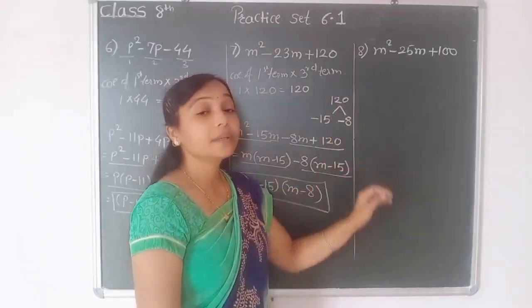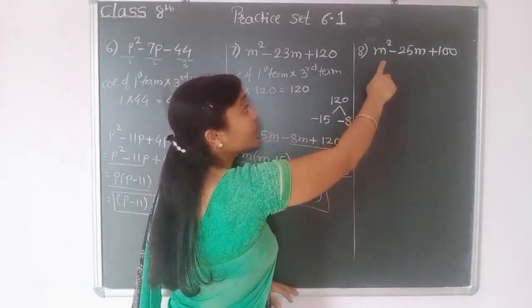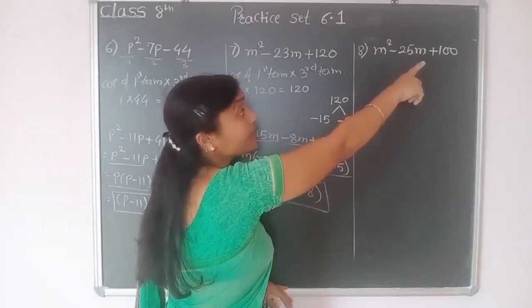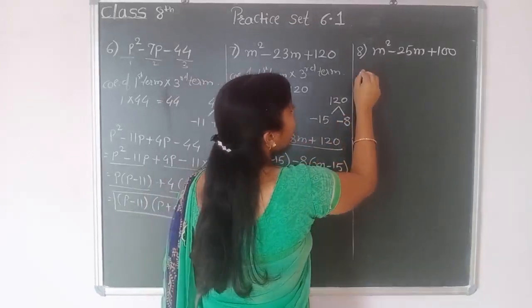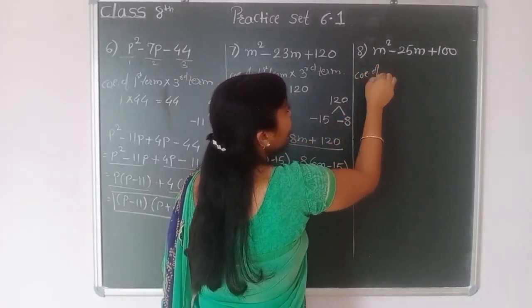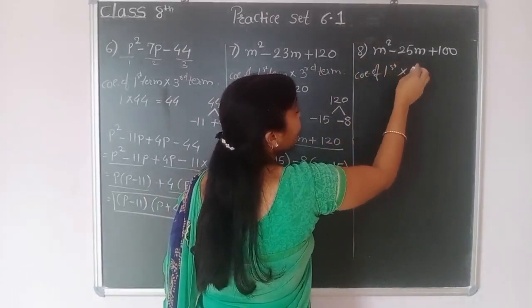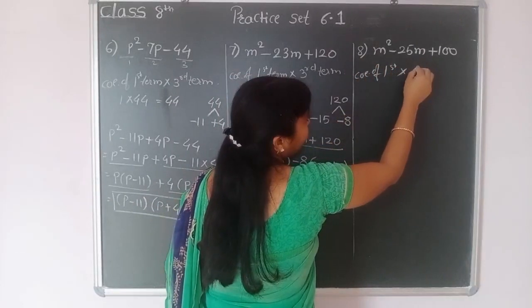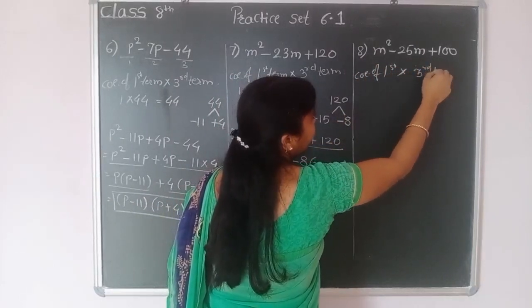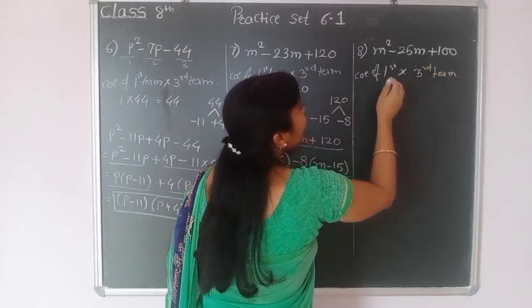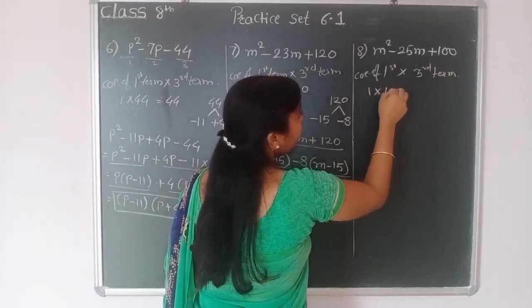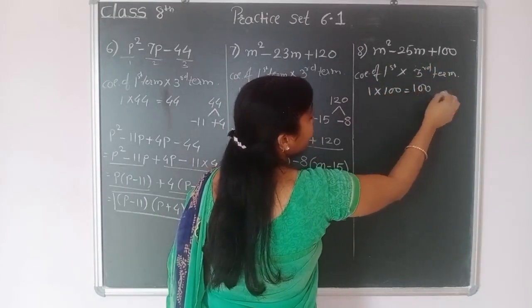Now example number 8. M square minus 25m plus 100. Again coefficient of first term into third term. Third term is the constant. So 1 into 100 is equal to 100.